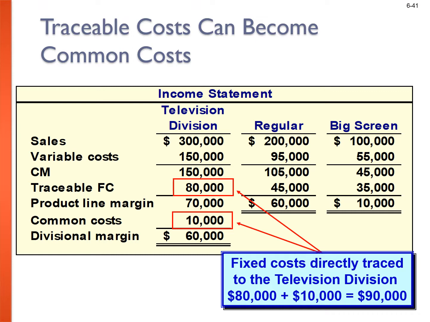So as we segment, drill down, and create smaller segments, we will see some of our fixed costs that once were traceable may become common. And that's what that's illustrating here. Overall, still a divisional margin of 60. But this is helping us to see even more information about the television division, and the product line margin on big screen and regular for decision-making purposes.